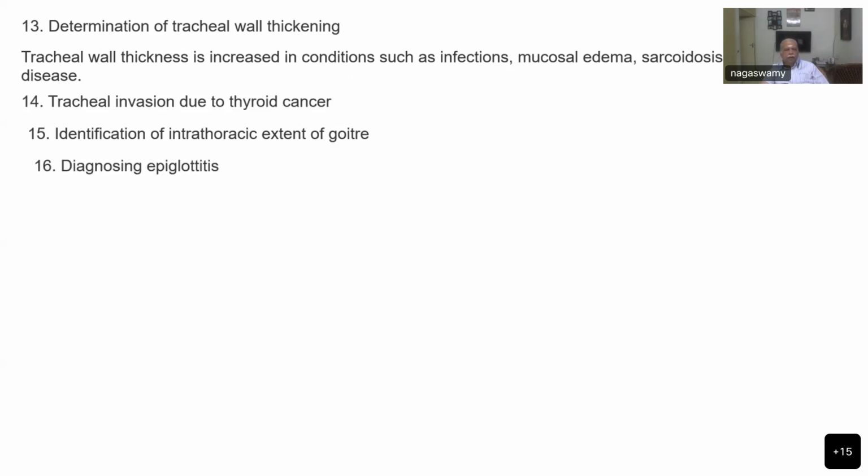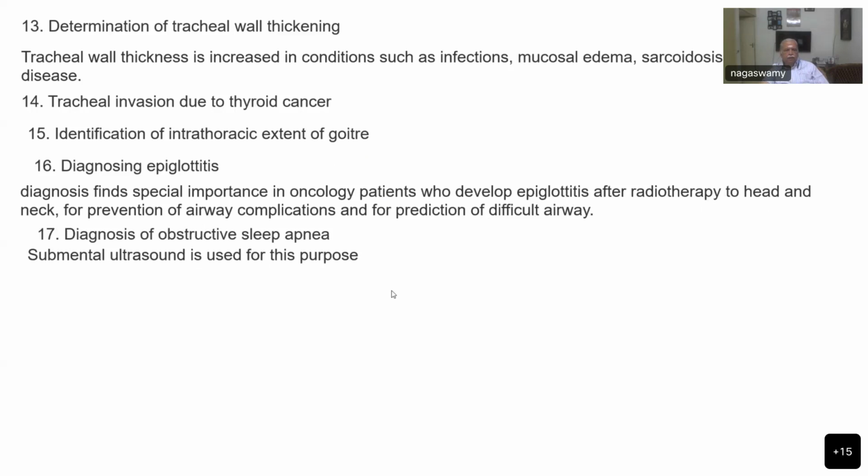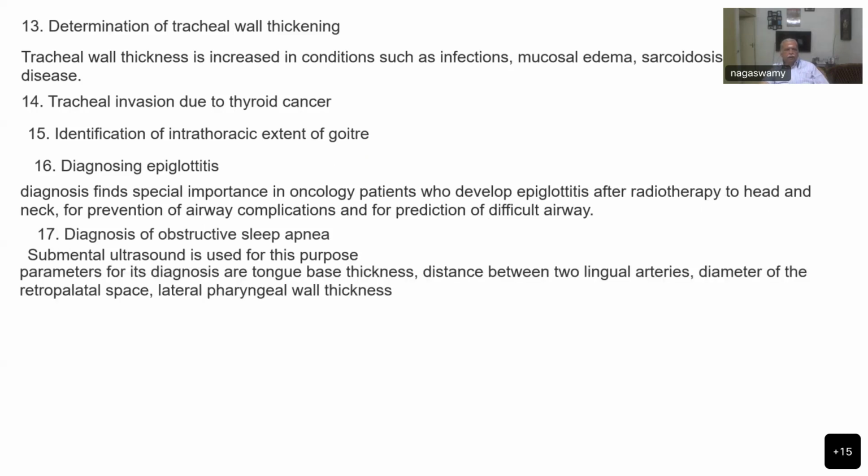And diagnosing epiglottitis is of special importance in oncology patients who develop epiglottitis after radiotherapy to the head and neck, for prevention of airway complications and prediction of difficult airway. And diagnosis of obstructive sleep apnea is another newer use that has been added. Submental ultrasound is used for this purpose.